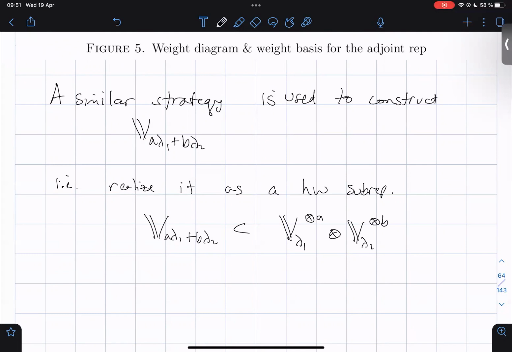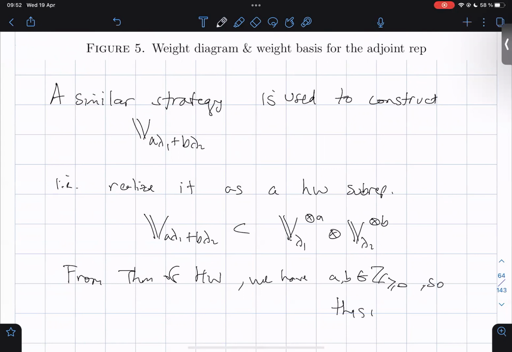So from the theorem of highest weight, we have A and B non-negative. So this is a reasonable construction.